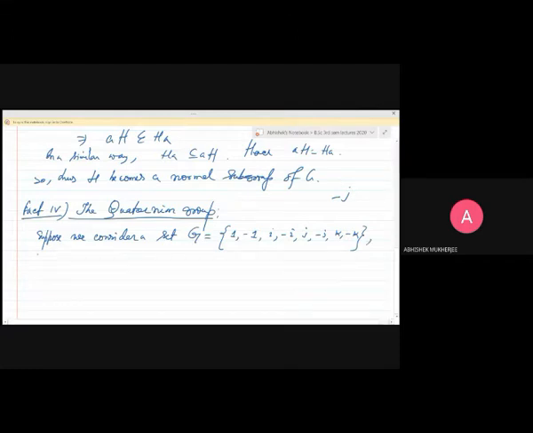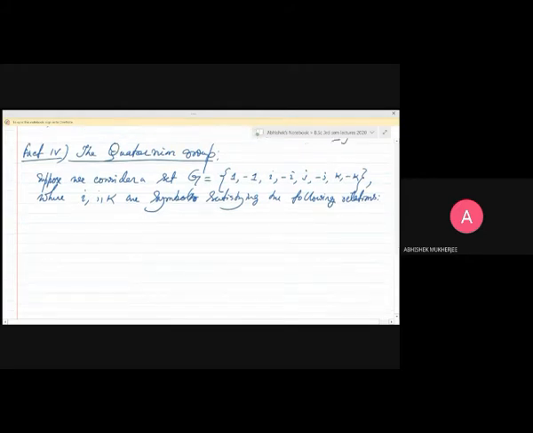where i, j, k are symbols satisfying the following relations. What are the relations?